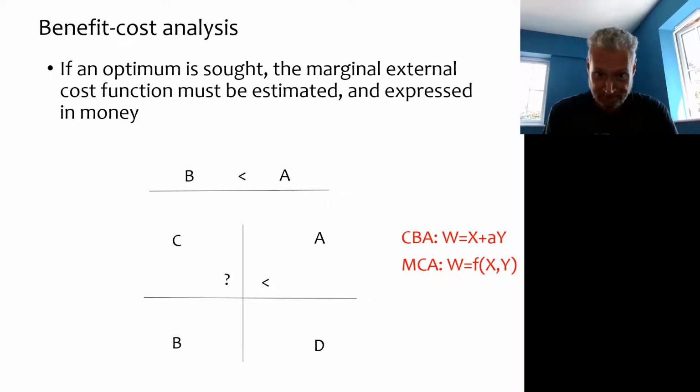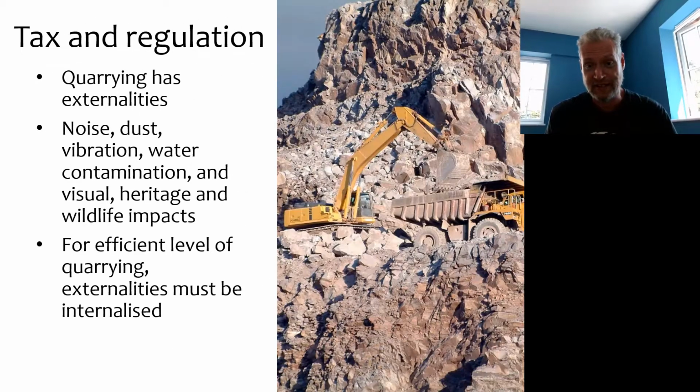So that is why you want to express things in money, so that you can multiply your quantities with your prices, and then you come up with a total sum, and because everything is measured in money, you can actually add it up properly. So that is one purpose of monetary valuation of environmental externalities.